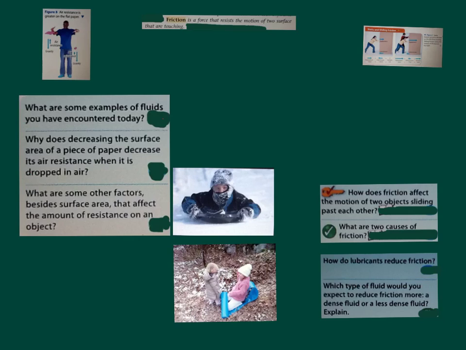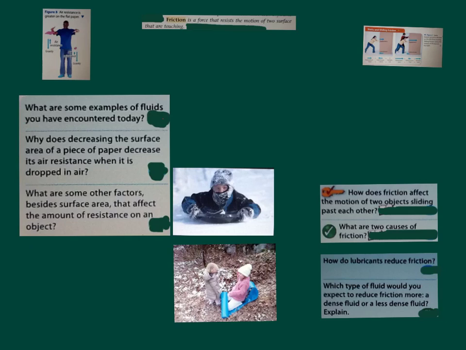Why does decreasing the surface area of a piece of paper decrease its air resistance when it is dropped in the air? The next one is this one here. What are some other factors besides surface area that affect the amount of resistance on an object? Answer those questions. Make sure you're writing those questions first and then answering them from the information we just talked about.